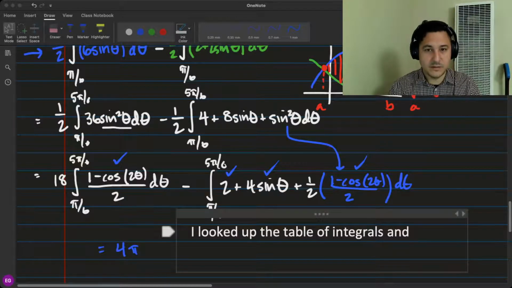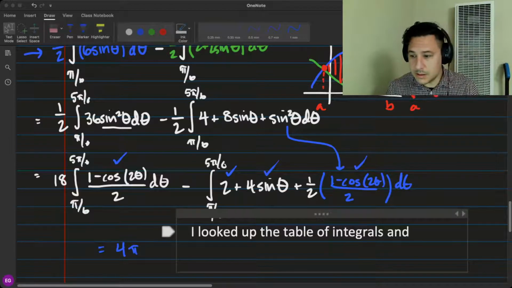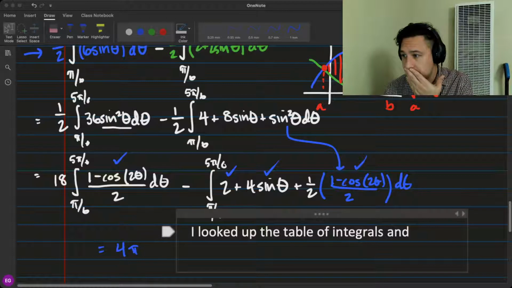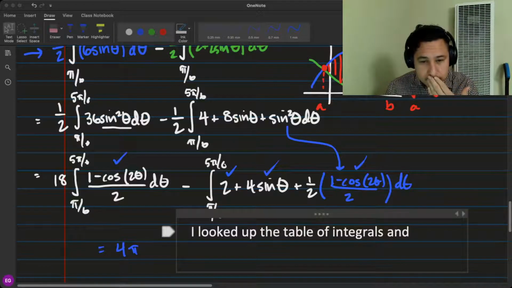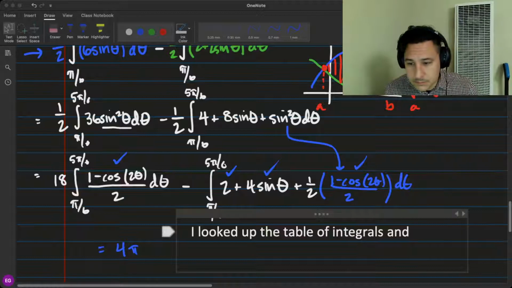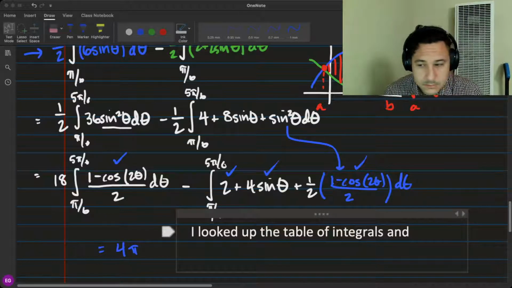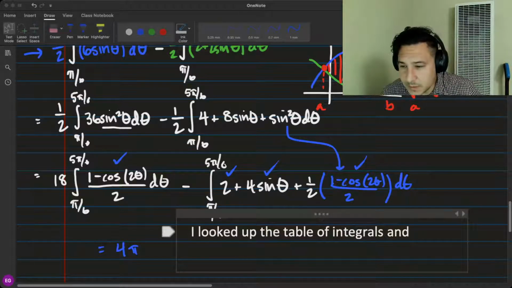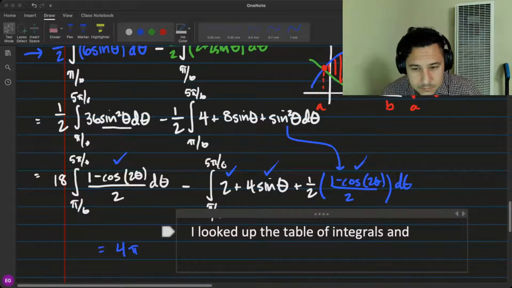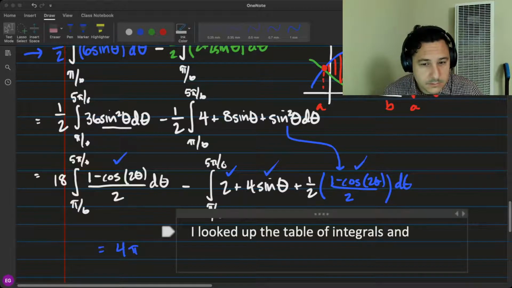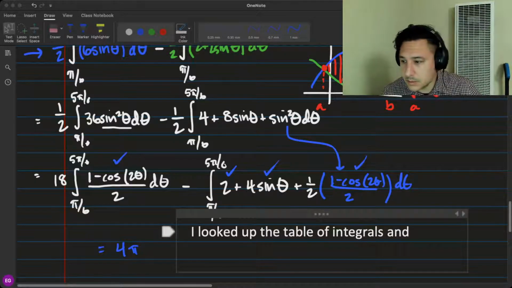You can find so much stuff. Let's see. Okay, that is the power reduction formula, but I don't see the integral for it. One second while I peruse the internet.